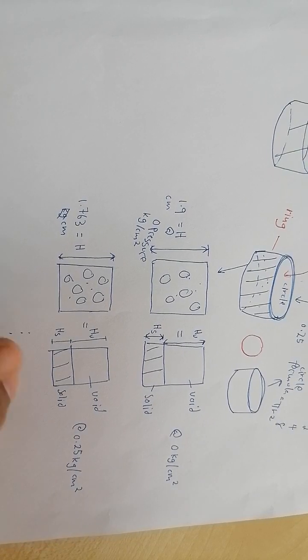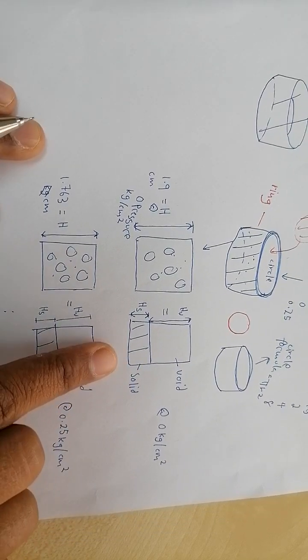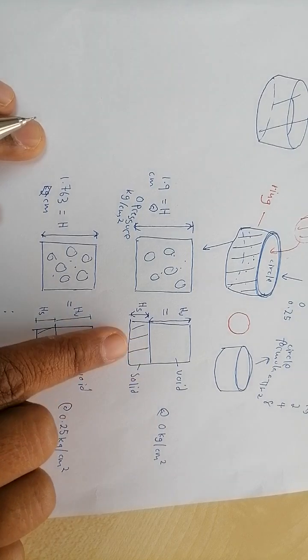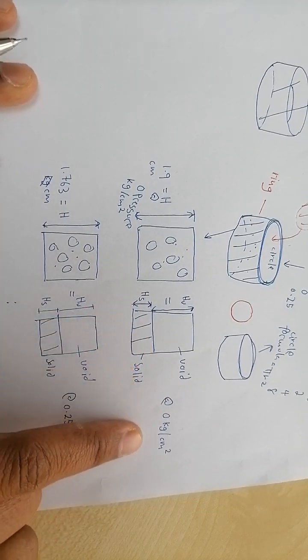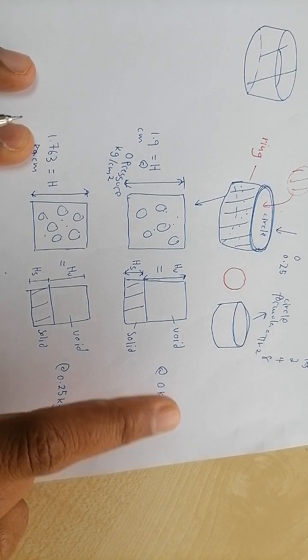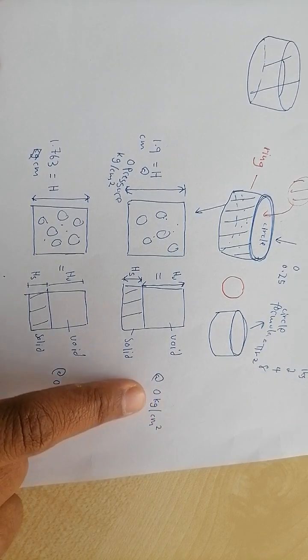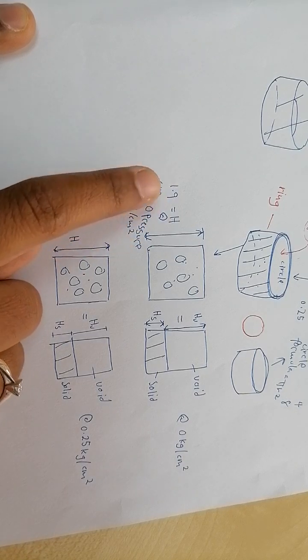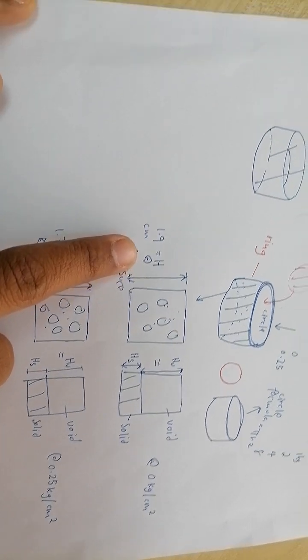Alright guys, so referring to the previous table which I showed you just now, it says that at 0 kilogram per centimeter square pressure, the height is 1.9 centimeter. Okay, apakah maksudnya?